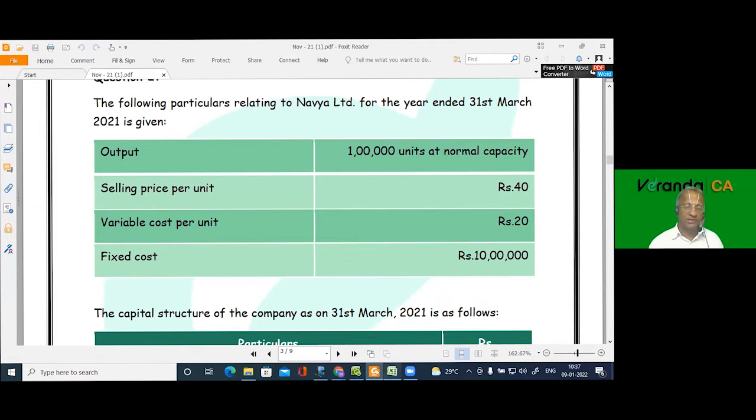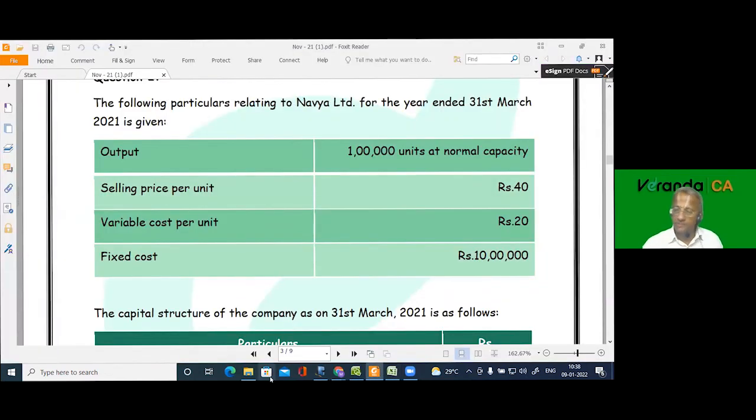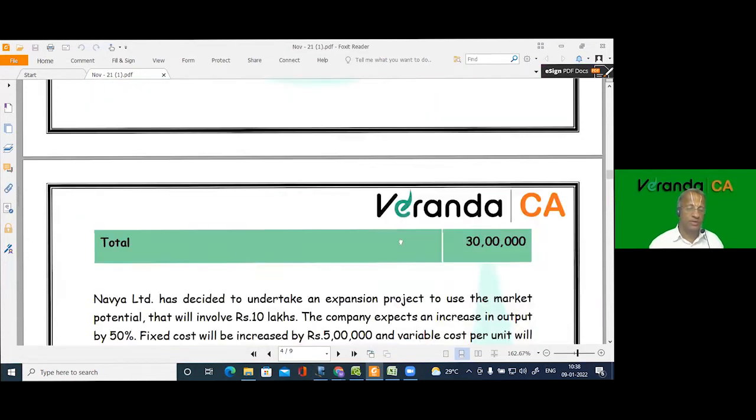Selling price, 40. Then variable cost, 20, and here what have they mentioned?